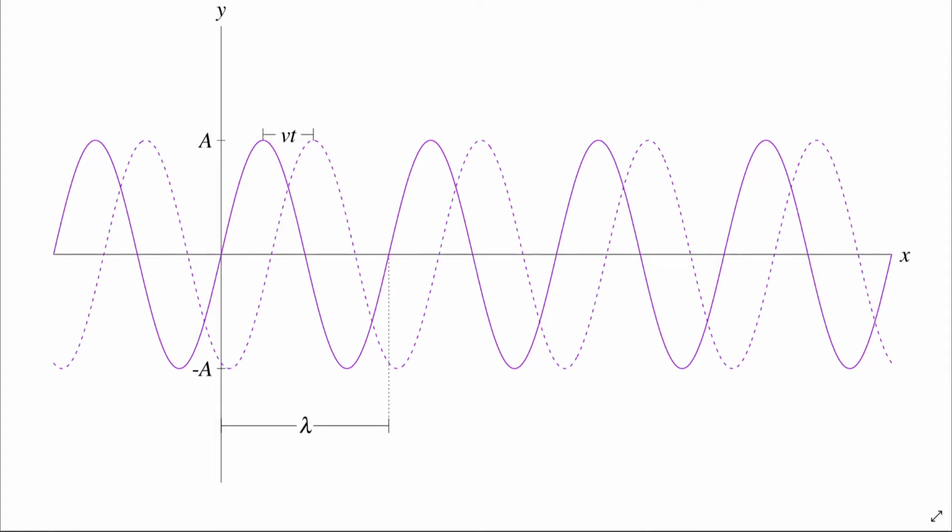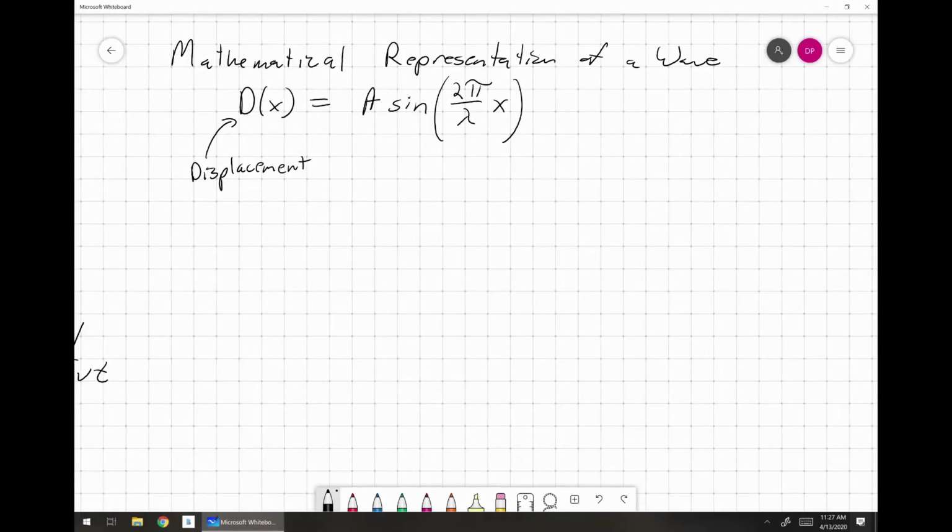So if we go back to our whiteboard, what this means is that at some time t, our displacement equation should be written as the sine of 2 pi over lambda times x minus vt.